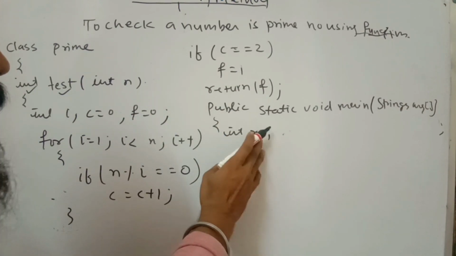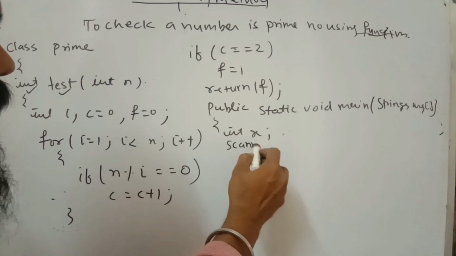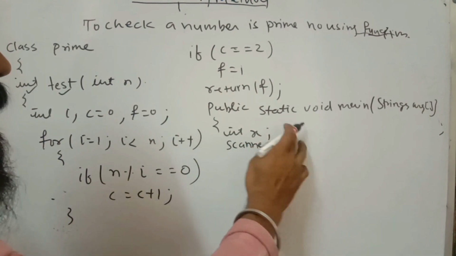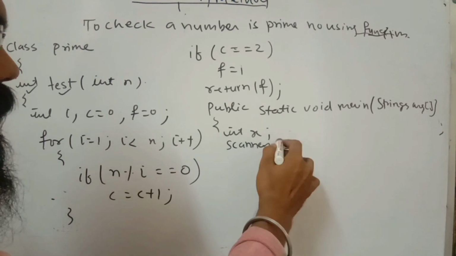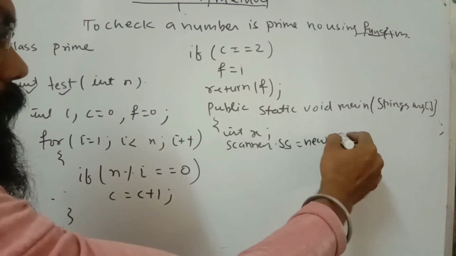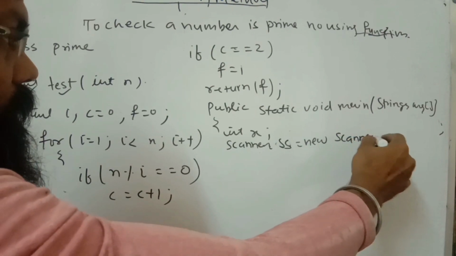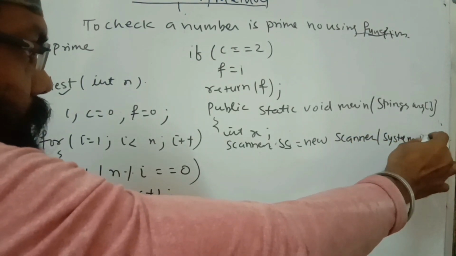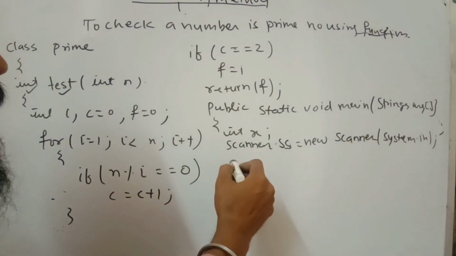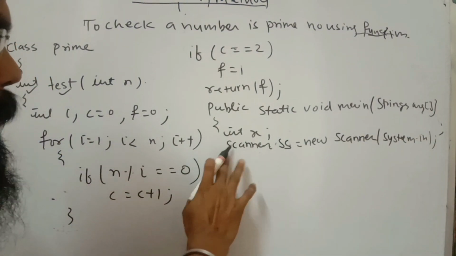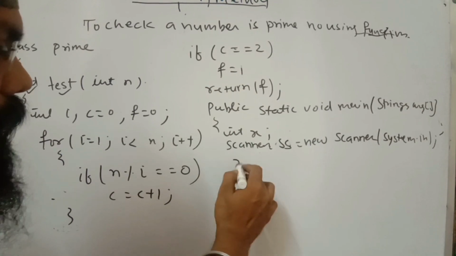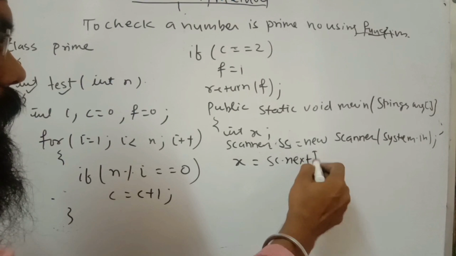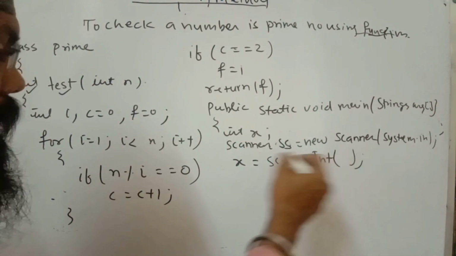So for the user input we will use a Scanner: Scanner sc = new Scanner(System.in). After that, let x value be sc.nextInt(). So the x value is taken.